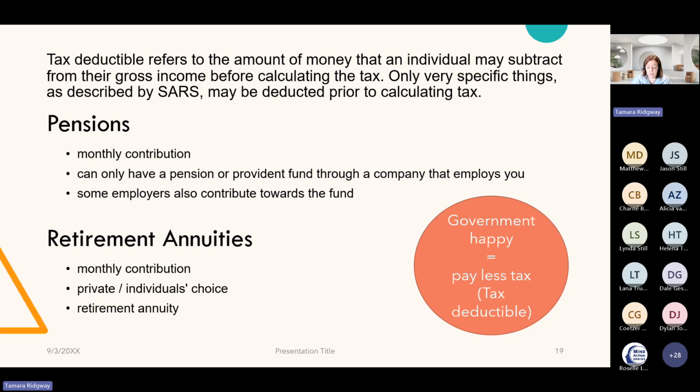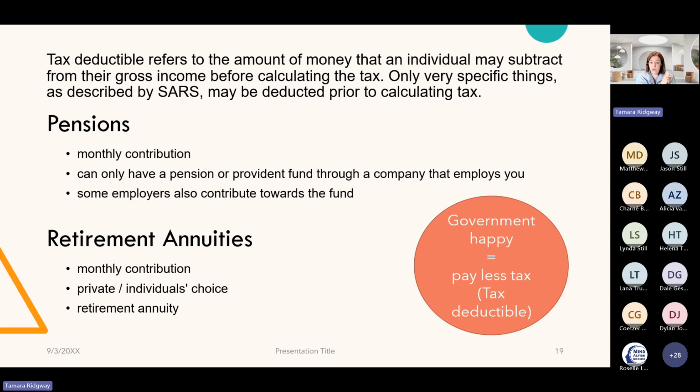You have to go through a company because the company deducts it automatically from your salary, into the government funding. But retirement annuities are completely private.